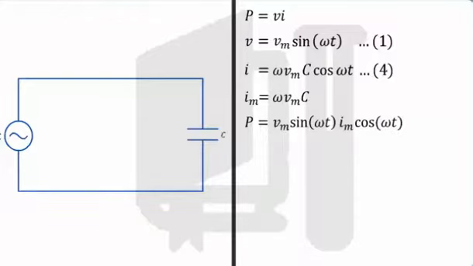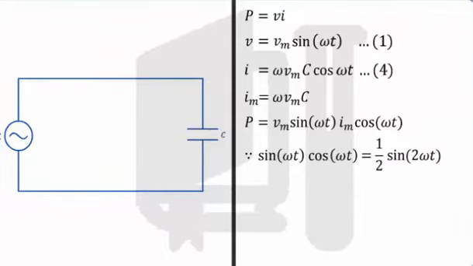Since sin omega t into cos omega t is equal to 1 by 2 sin 2 omega t, we get P is equal to Vm Im by 2 into sin 2 omega t. Let this be equation 9.